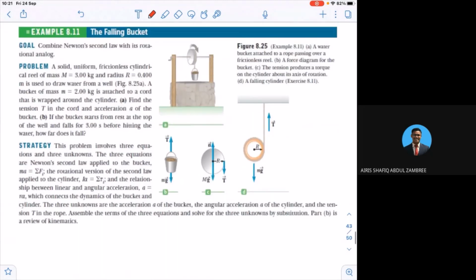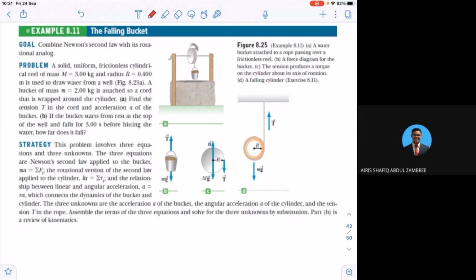Now we have a very good example, the falling bucket. A solid, uniform, frictionless cylindrical reel of mass m equals 3 kilograms and radius 0.4 meters is used to draw water from a well.